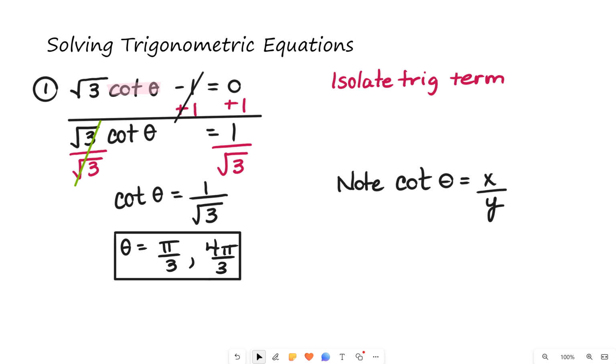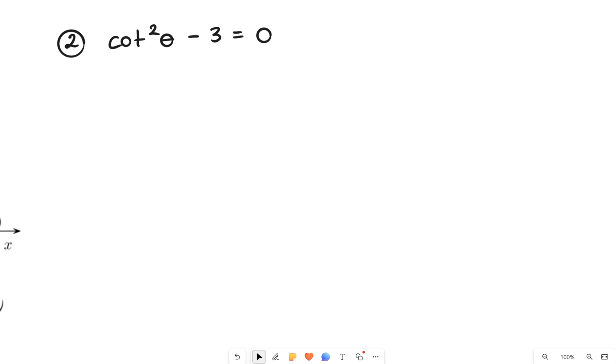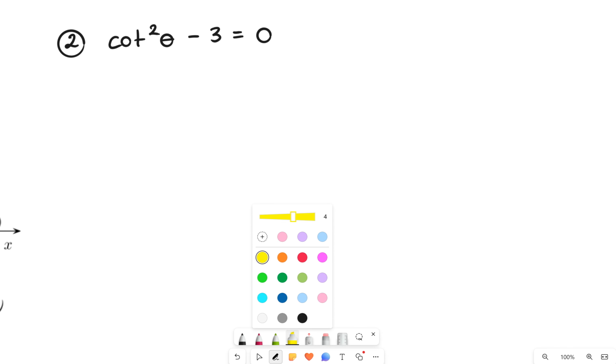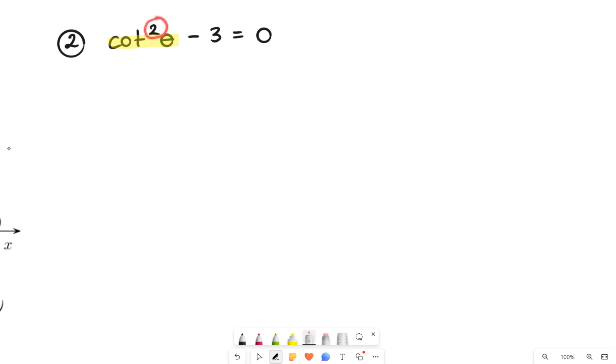Okay, so let's go to number 2. Cotangent squared theta minus 3 equals 0. So again, when we look at this problem, there's only a single term of trig mentioned one time. So we will just go ahead and proceed to isolate cotangent theta. We need to clean up by getting rid of those 2 values.